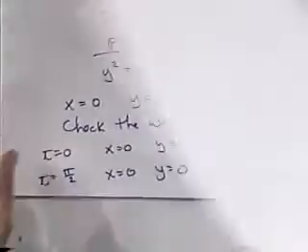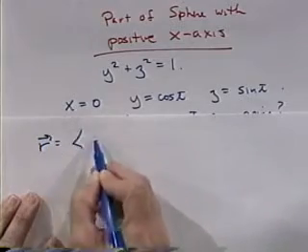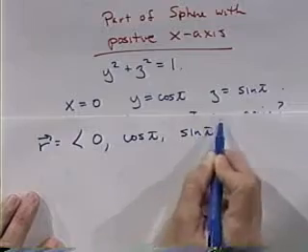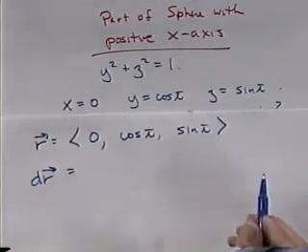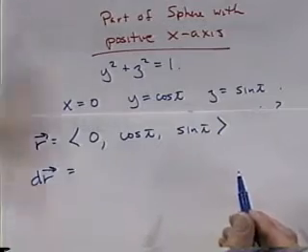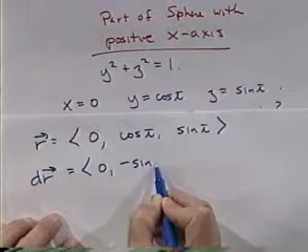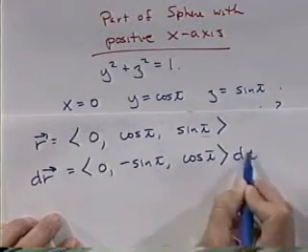So now we've got to figure out F dot dr, but notice r is the vector (0, cosine t, sine t). So dr is dx/dt dt, dy/dt dt, dz/dt dt. If I take the derivative of that, I get 0. Derivative of that is minus sine t. Derivative of that is cosine t dt.